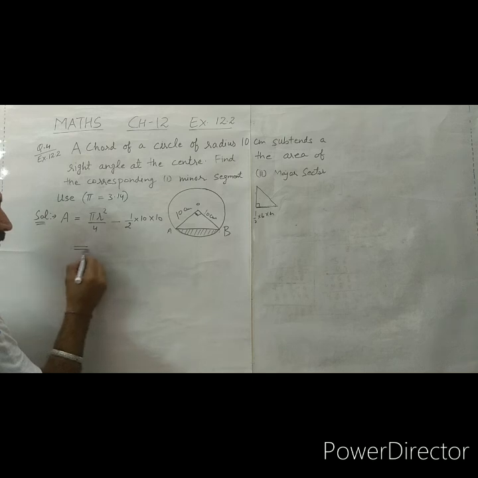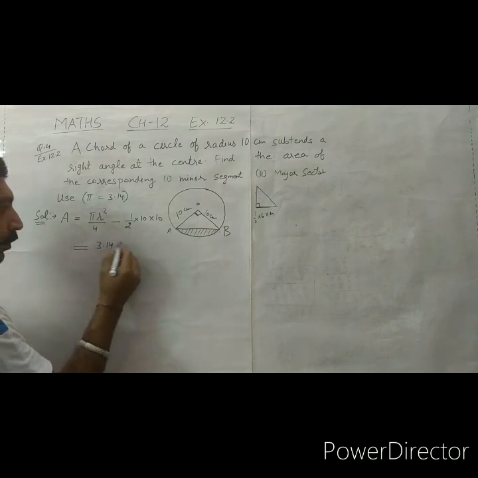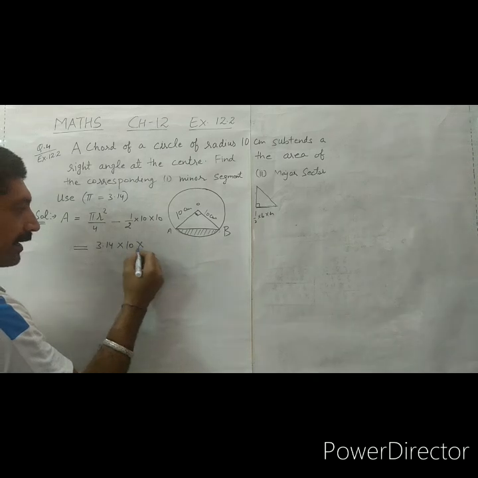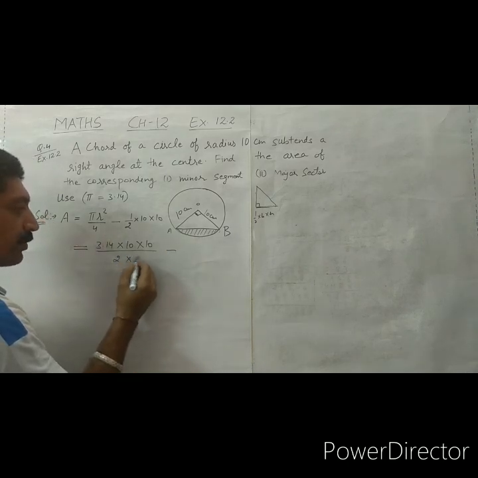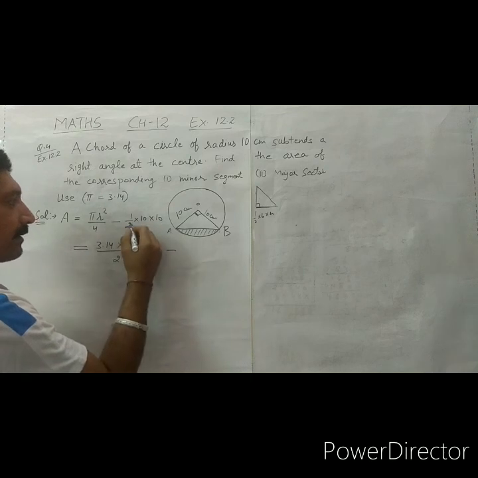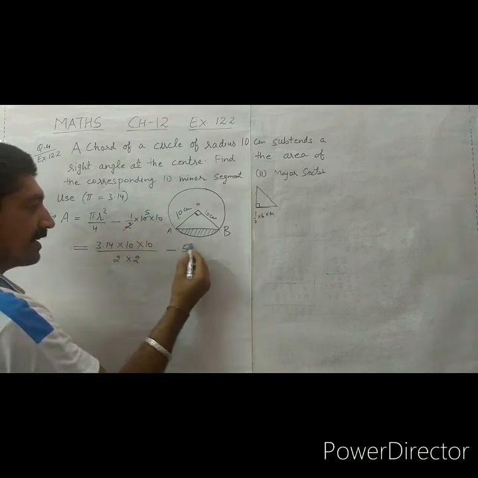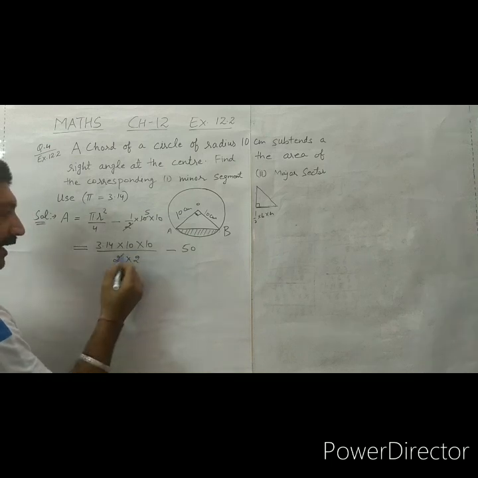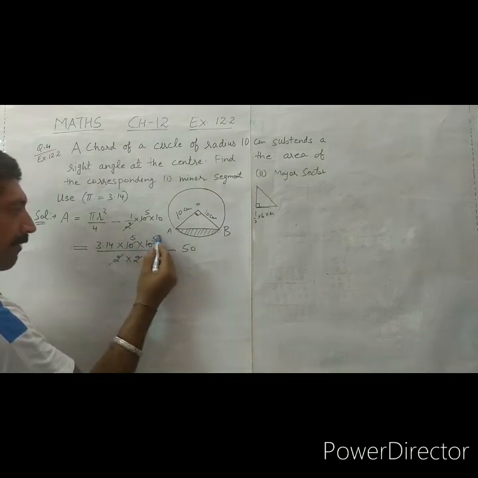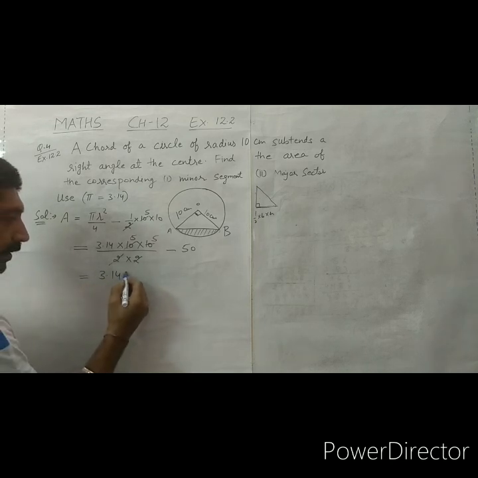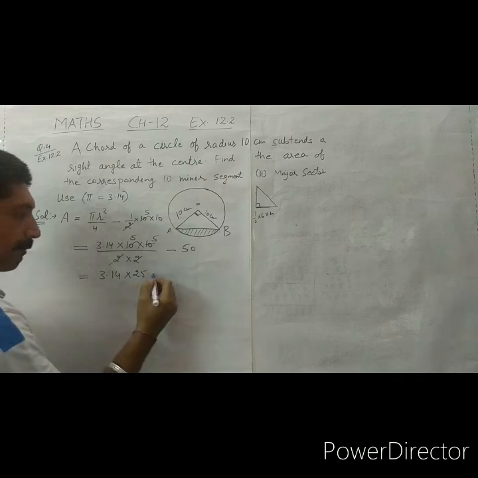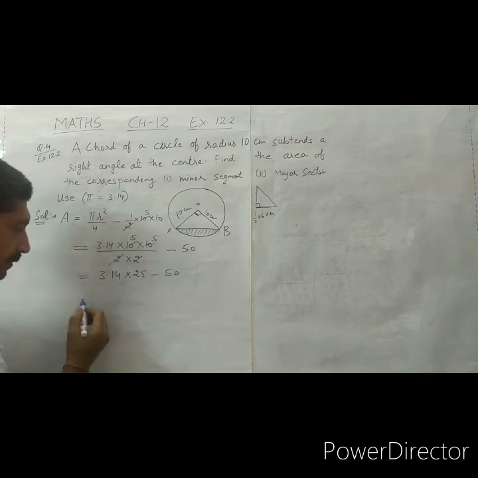We have the area 3.14 into 10 into 10 divided by 4. 4 we can write down 2 into 2, that is 4. And here this is 50. So here again this is 5. So we have 3.14 into 25 minus 50.